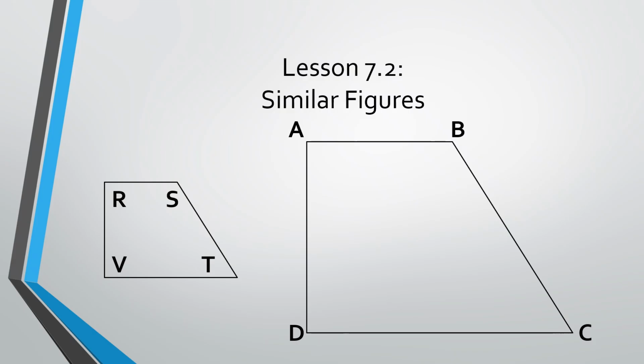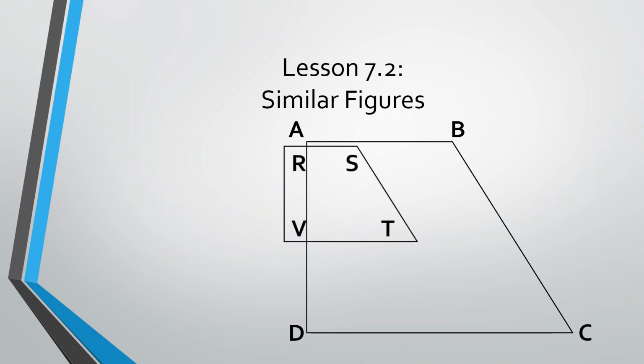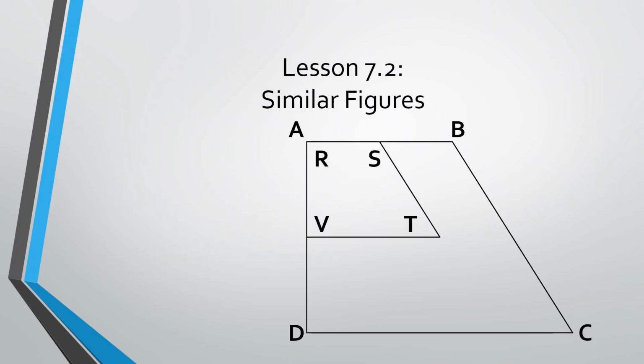For example, we have angle A and angle R. What we are going to do is coincide these so that we prove that these two angles are congruent. As you can see, angle A and angle R are coinciding.